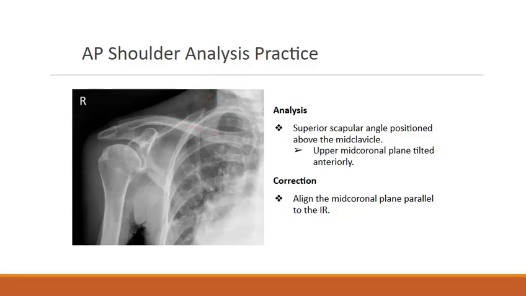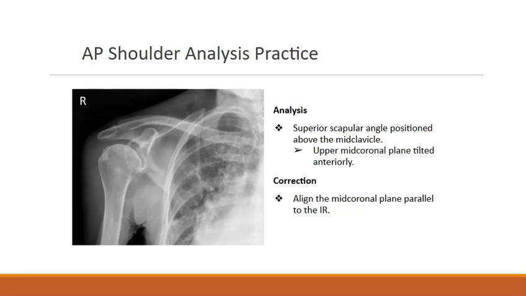This should indicate to you that we have some plane tilt because it should be in line with the mid-clavicle. In this case, we have some mid-coronal plane tilt anterior. To correct this imaging error, we want to realign the mid-coronal plane parallel with the IR.